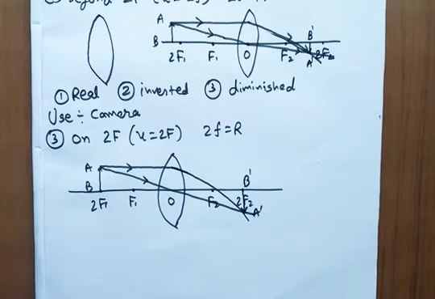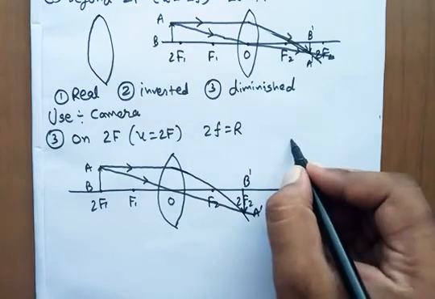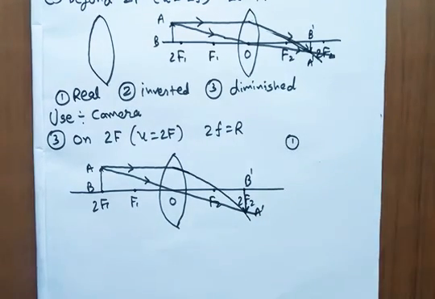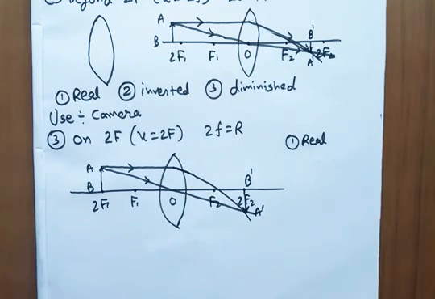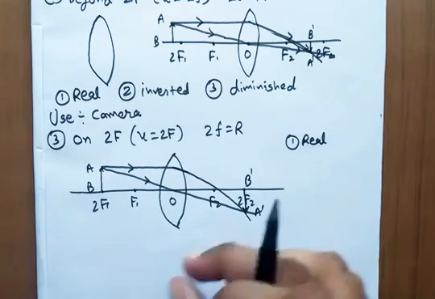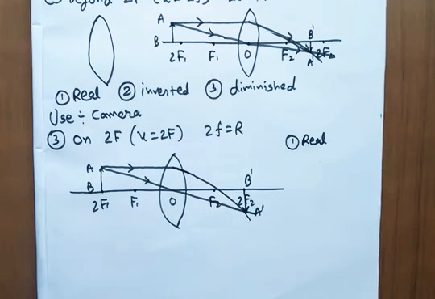Okay, now like this I can classify. First, the image will be real. Whenever we get a real image, we can say that the image will be on the other side of the object. So if the object is on the left hand side and we get the image on the right hand side, then the image is always real.